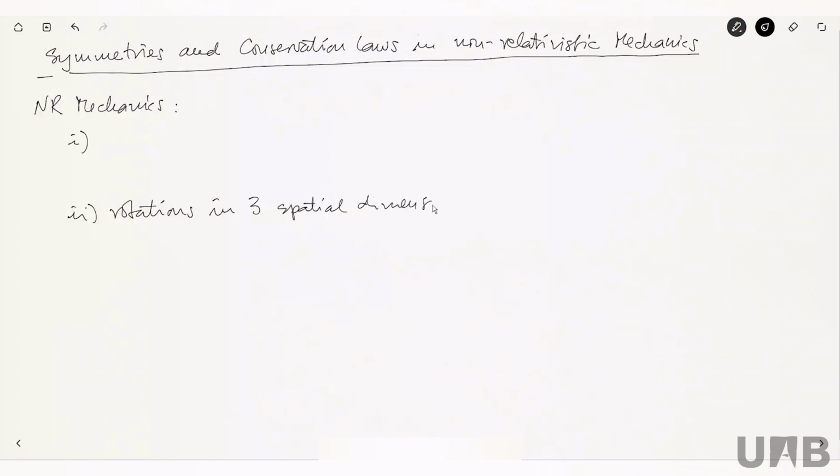Yeah, absolutely. So that means that I go from R to R prime, which is going to be a matrix omega acting on R. So this is a rotation. It's a 3x3 matrix with certain properties. We'll see what those properties are.